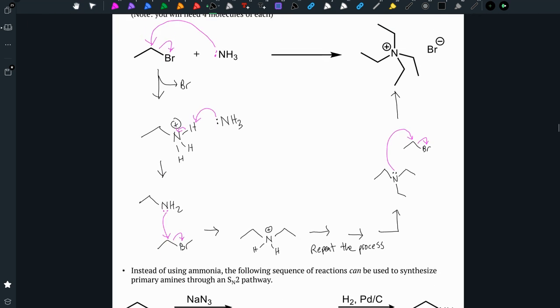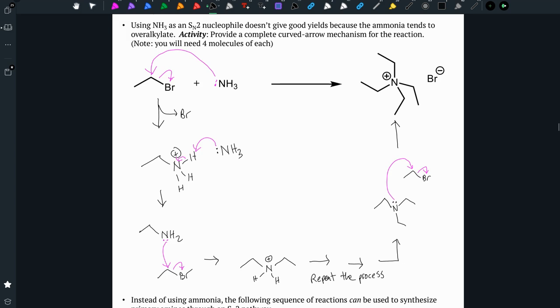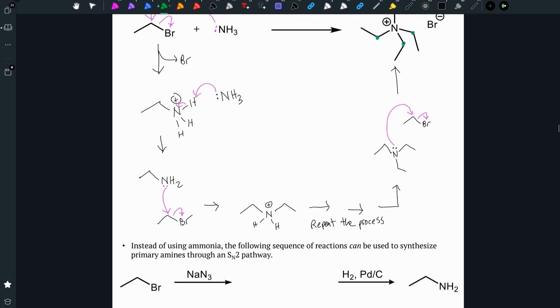So this process repeats until I get this final product, which we call a quaternary ammonium salt. Why would I call it quaternary? Because that nitrogen is bonded to 1, 2, 3, 4 carbons, so it's quaternary, and it's ammonium because it's got a positive charge.